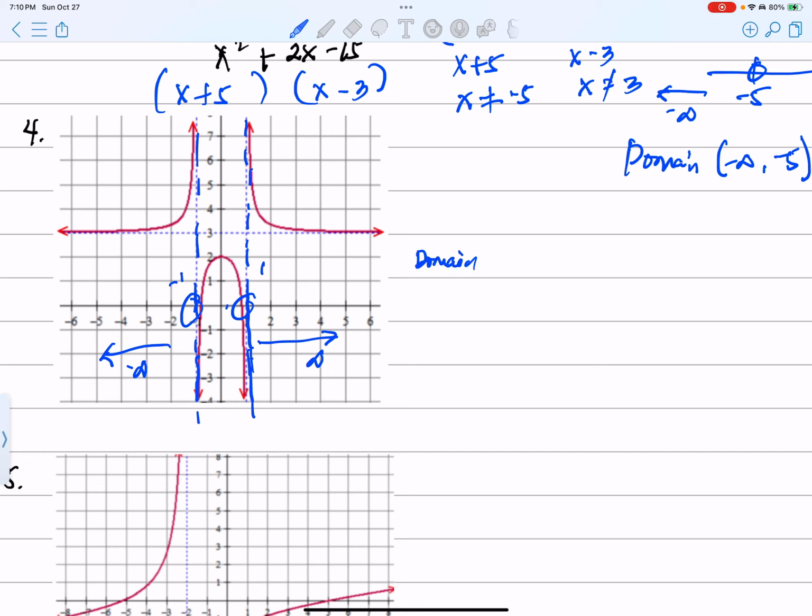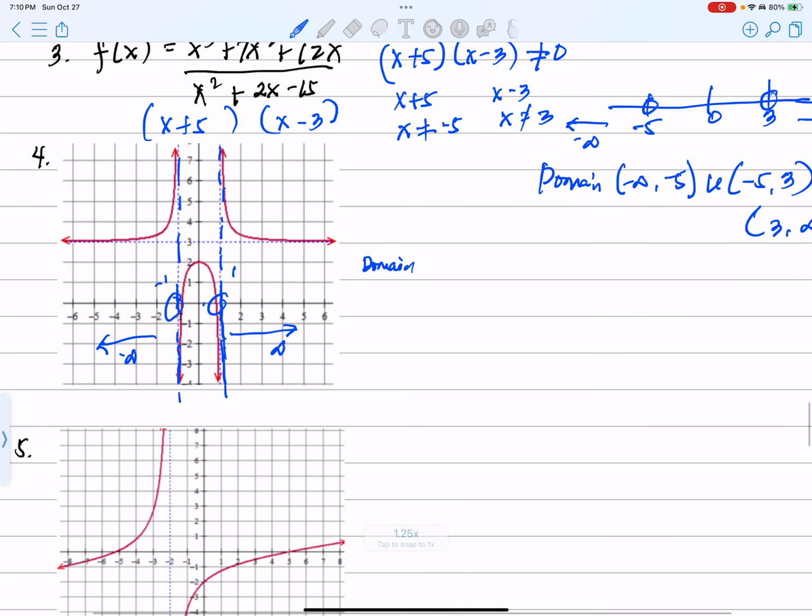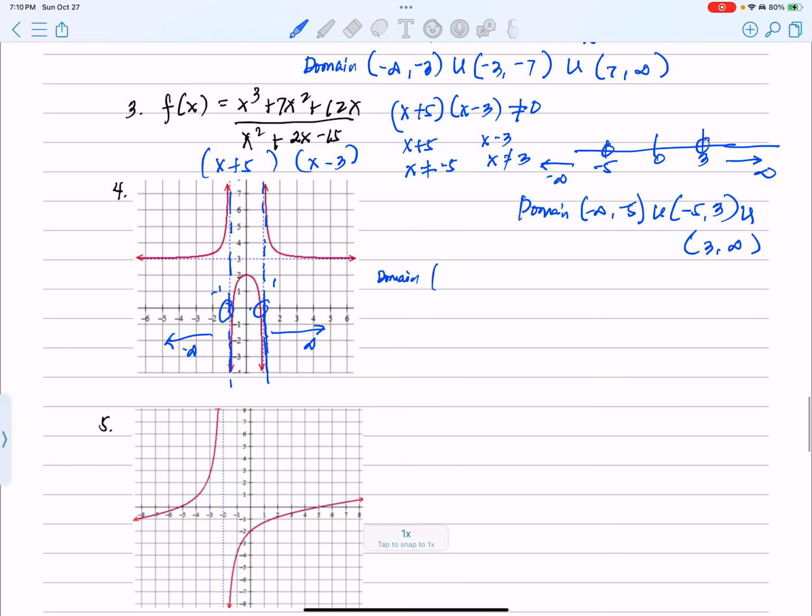All these values right here can be plugged into the function, except negative 1 and 1, because when you plug that in, the denominator of the function would become 0.